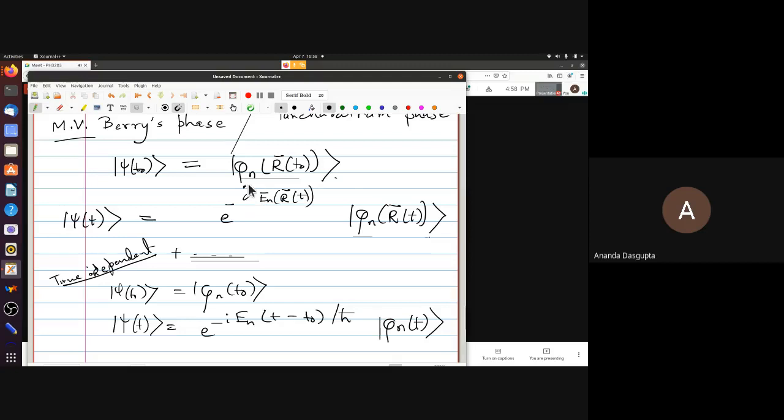This will, of course, make no sense, right? Why not? Why should only the value of the Hamiltonian at the final time be the one which contributes? After all, that has been the value of the Hamiltonian only at the end. The Hamiltonian took all values in between, right? So what you would expect is something like this.